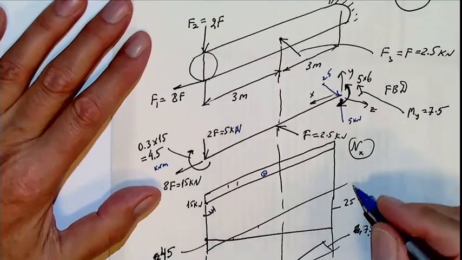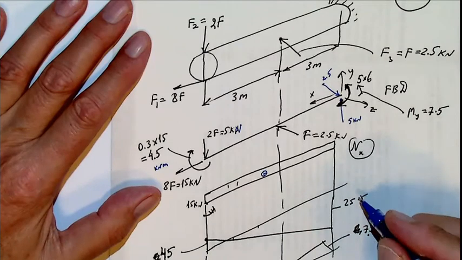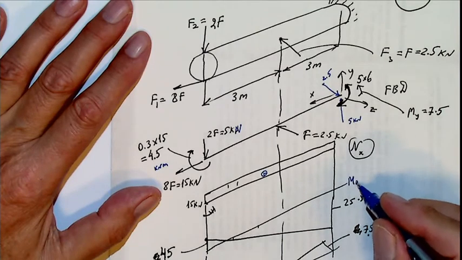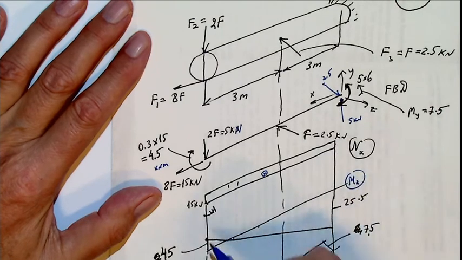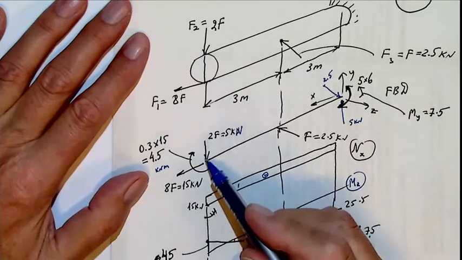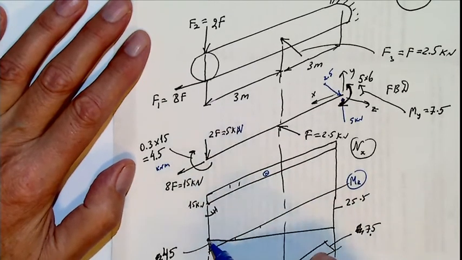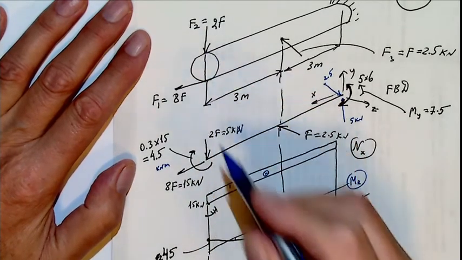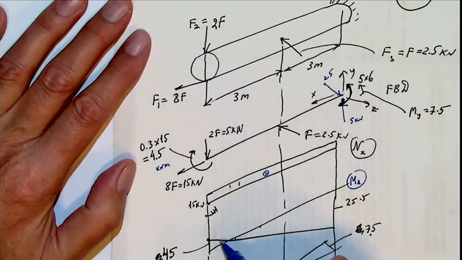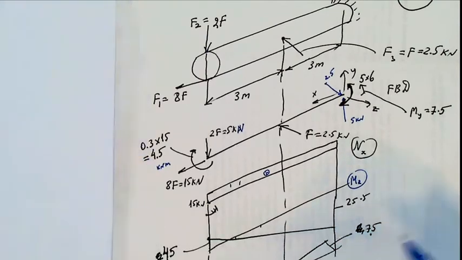Then there is this Mz diagram. Look please, we start here, I cut here, I get this 4.5. Then this force leads to a reduction, so here it will be 4.5 minus 2F, which is 5, times 6.